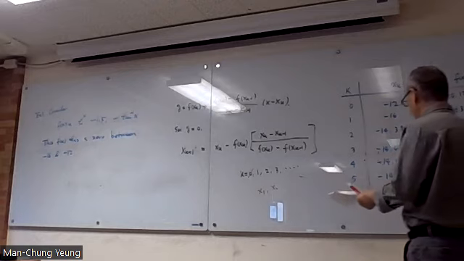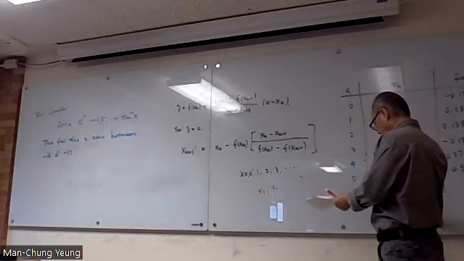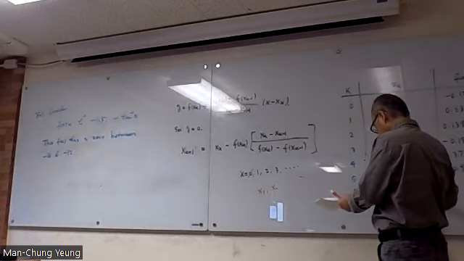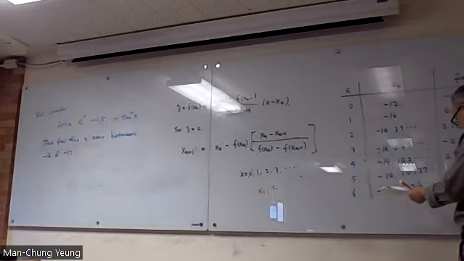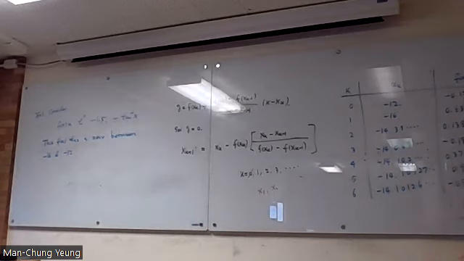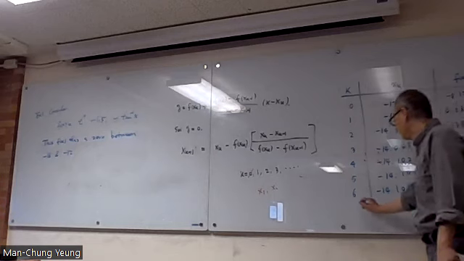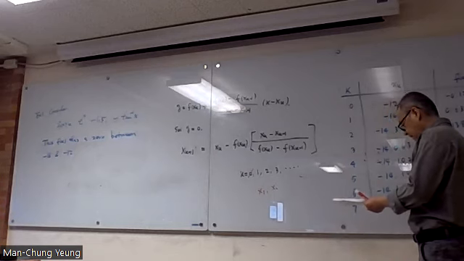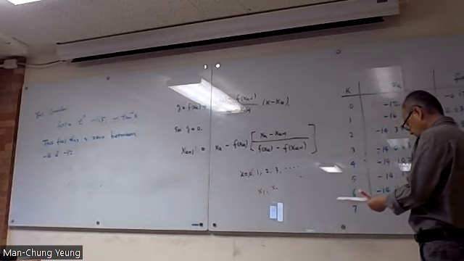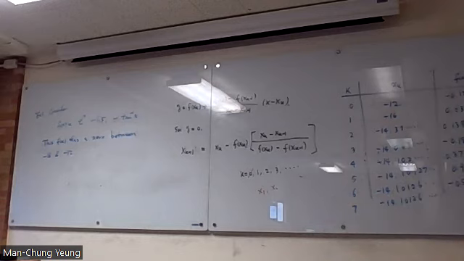Six: 14.10126, function value 10 to the negative 12. Then the next step: 14.10126, function value 0. So 7 iterations.